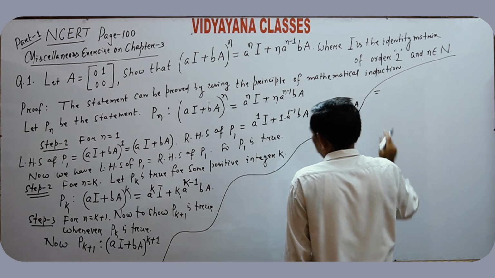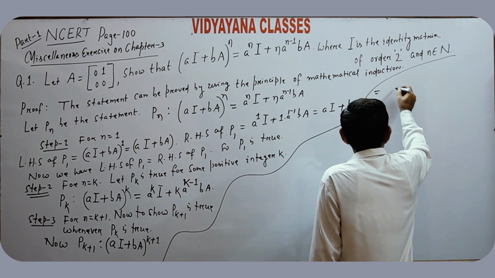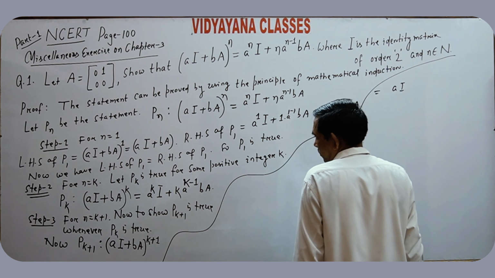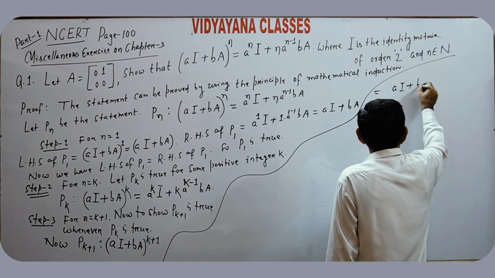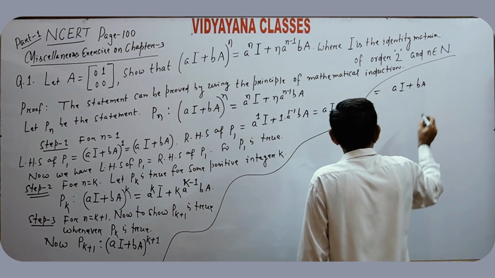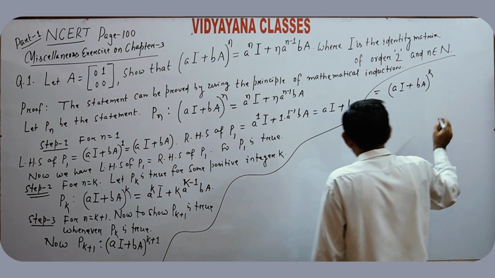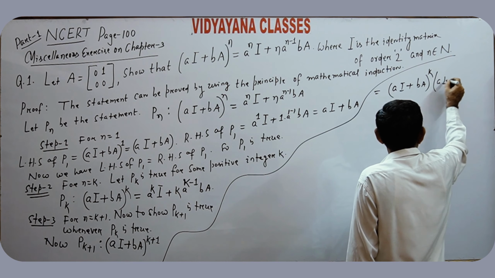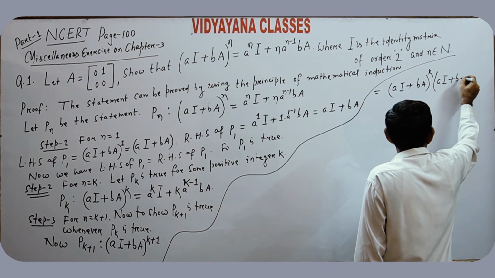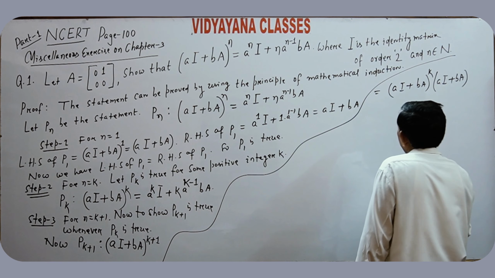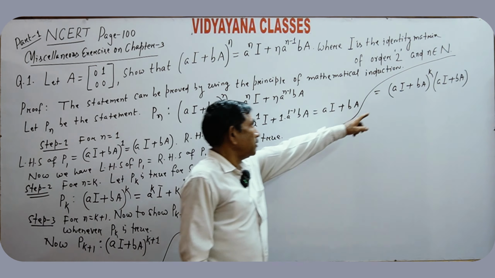Is equal to (aI plus bA) whole to the power k into (aI plus bA). This can be written in this form.